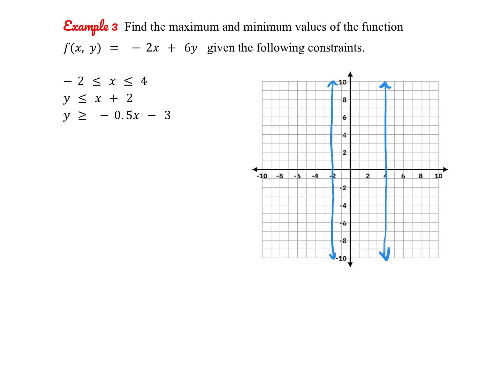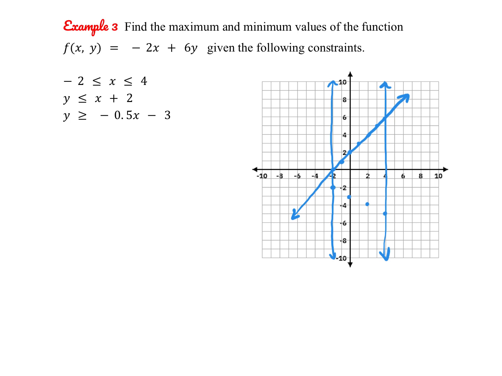And then for this next inequality, we have our y-intercept at 2, and we have a slope of 1. So it looks something like this, and it would be everything below this line. So we can already see that the intersection of those 2 inequalities would be here. And then we have this third inequality. The y-intercept's at negative 3, and our slope is negative 1/2.